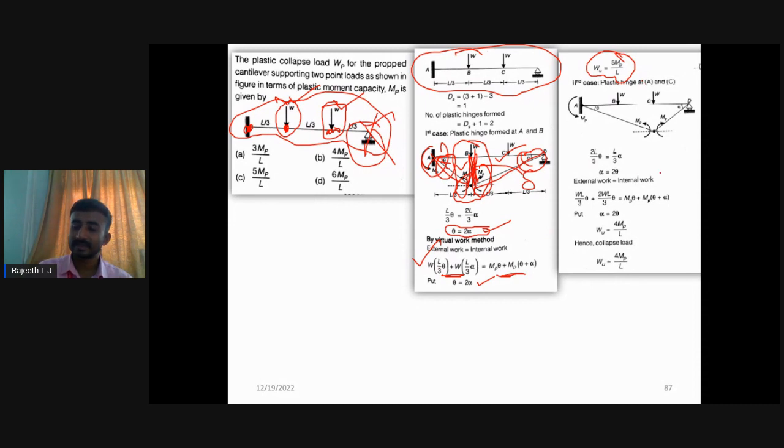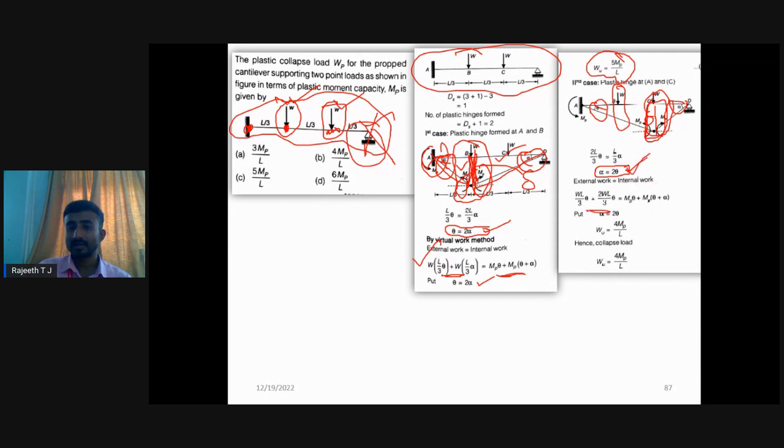For the second case, they have taken the deflection under this load. Again we need to calculate the relationship between theta and alpha by considering this as delta. In the previous case, delta was taken under this load; in this case, delta is taken under this load. So based on that, alpha equals 2 theta.